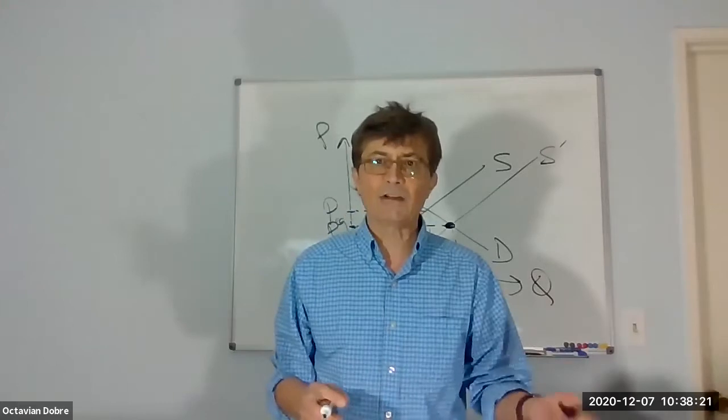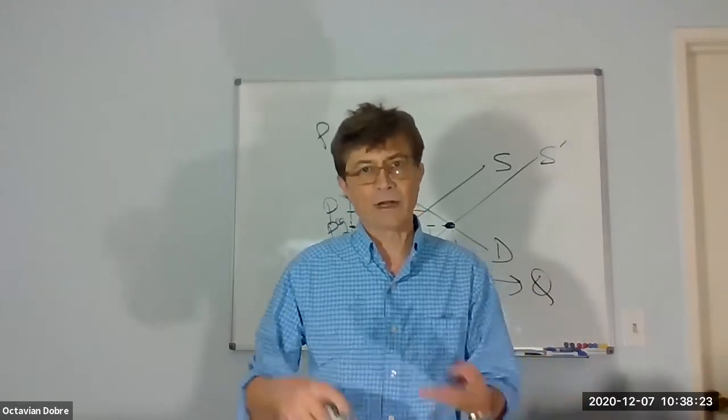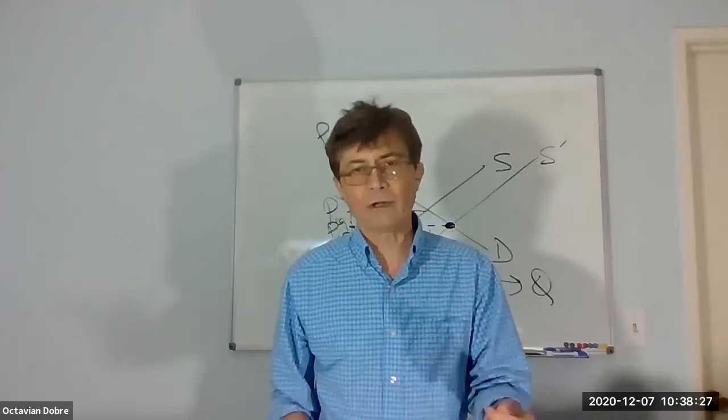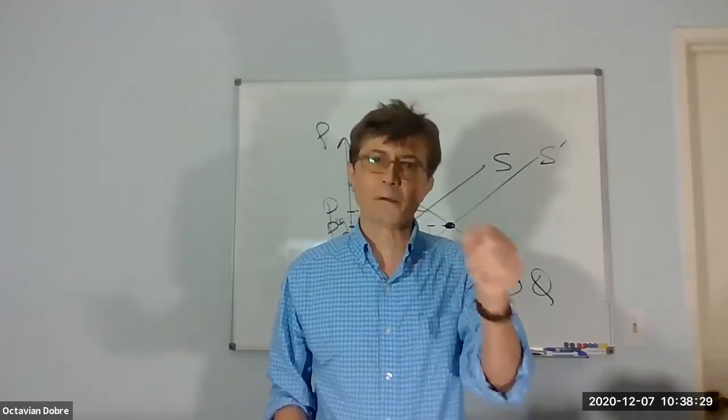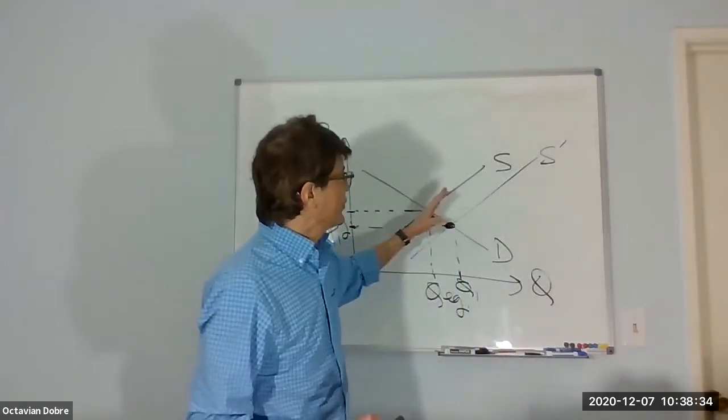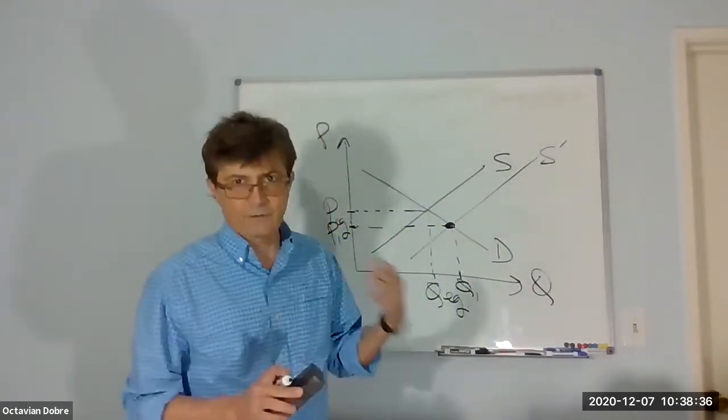If the demand changes, the same thing is going to happen. We're going to have a new equilibrium price and new equilibrium quantity. And you're going to be able to tell me what happens to the new equilibrium price and quantity. In the case where I shifted supply to the right, I increased supply.